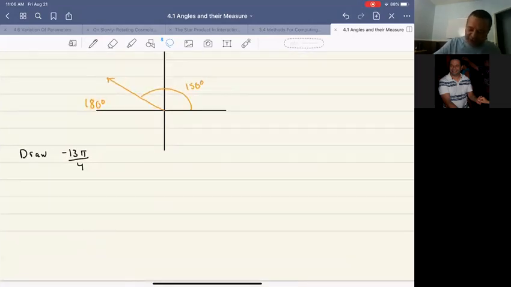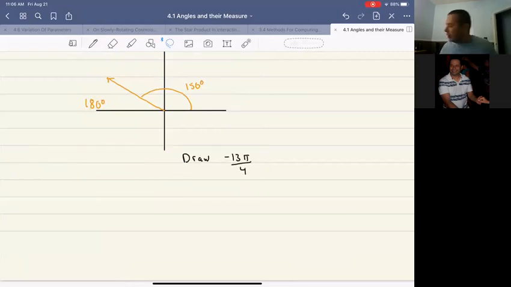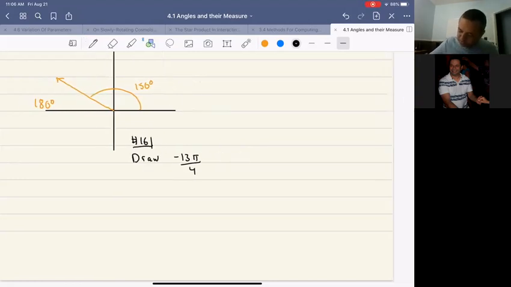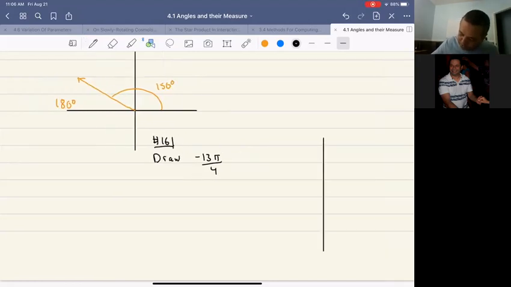Let me draw it over here. Now here, the problem is that negative 13 pi over 4, that's crazy, right?